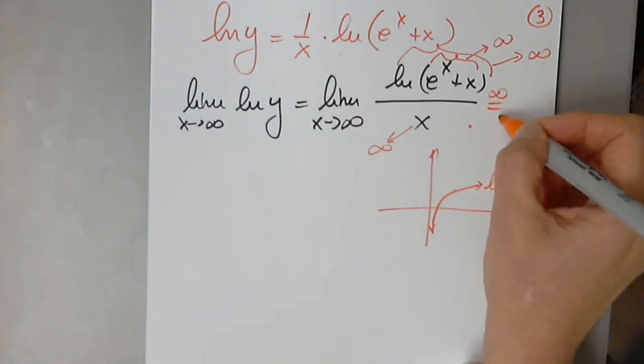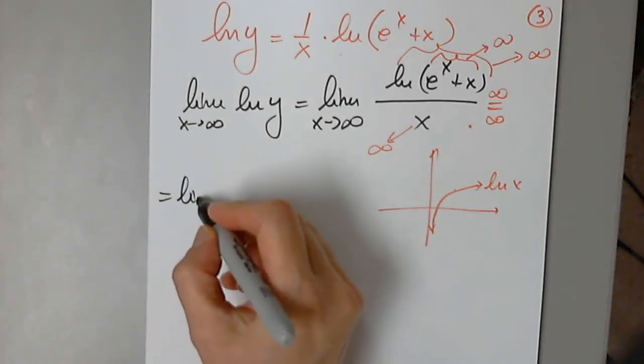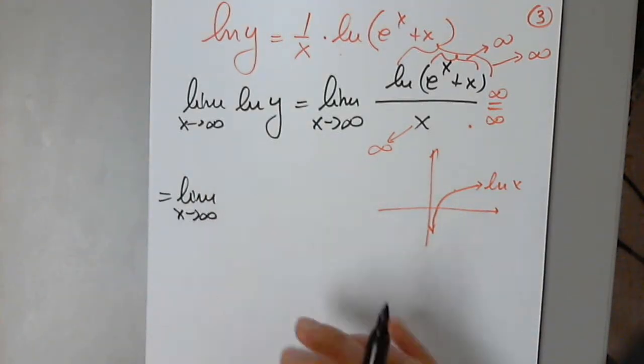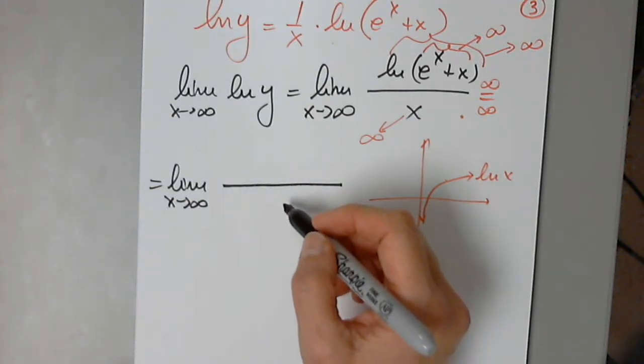Good. So, okay. It didn't take long. It's not a bad situation. It's not too difficult because by simply applying natural log, we changed it into a fraction. So that's nice. And now we can apply what? Yes. So we differentiate the denominator and we get 1.